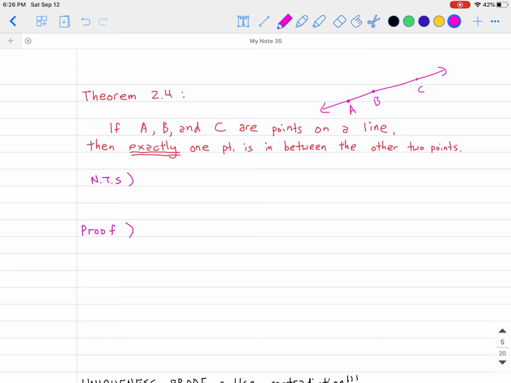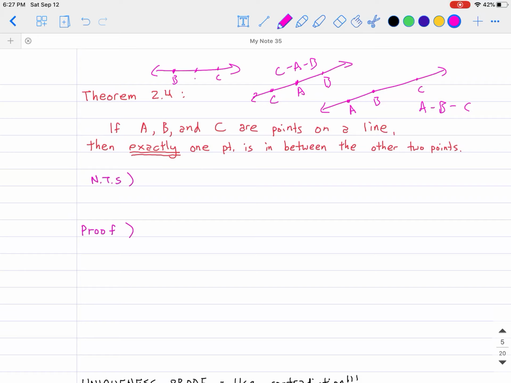One case would be, like we said, A is over here, C is over here, and then that means that B is over here. So in this scenario, you can see that B is in between A and C. But it could also be the case where maybe C is over here, A is over here, and B is over here. So in this case, we have C, A, B. Take one more example just in case.